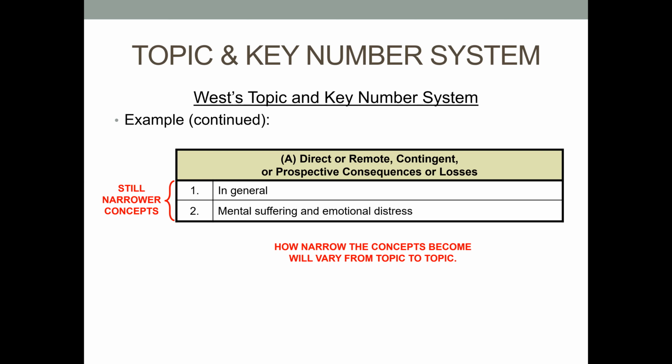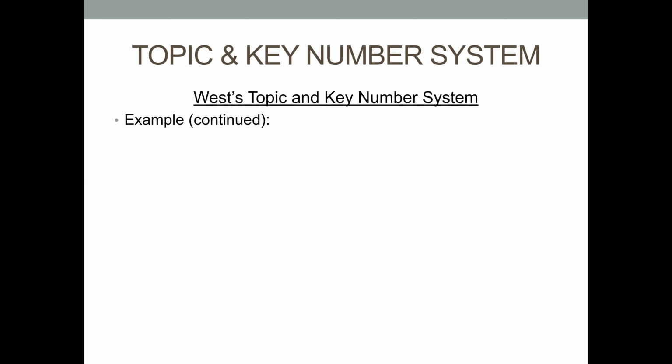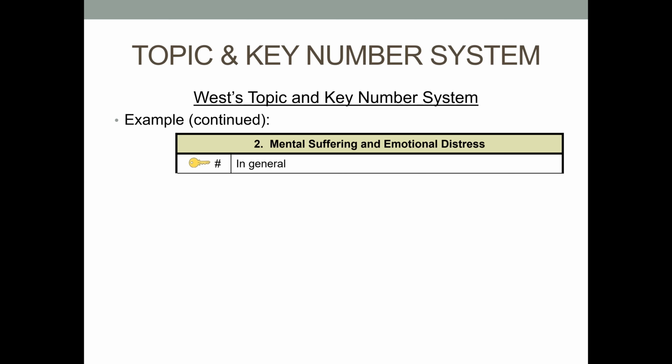And so in the digest, you will see that finally the mental suffering and emotional distress narrow concept is subdivided into the smallest subdivisions that the digest allows, and that is the subtopic key number.